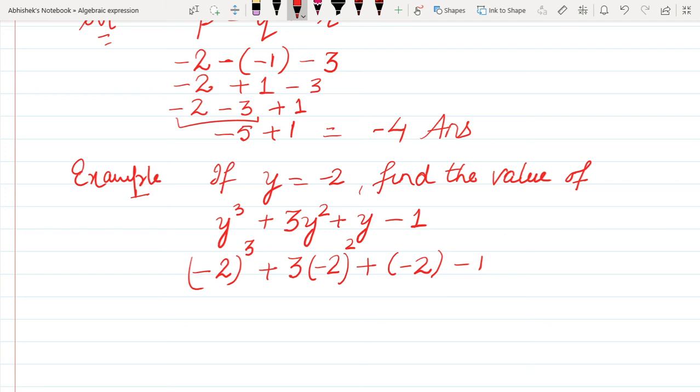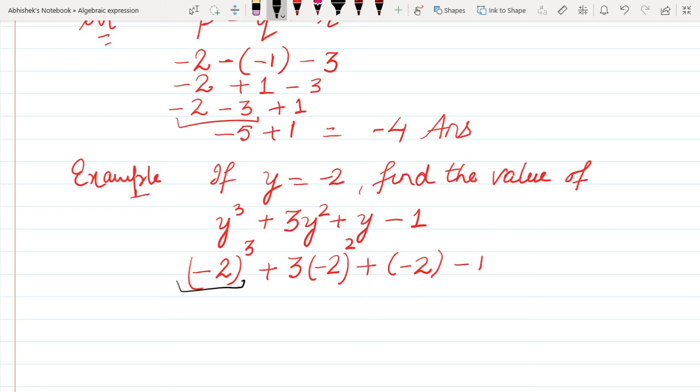Whenever I told you we have a negative sign with any number, we'll always keep it in brackets. So first is minus. Now what we want to do is find out the value of minus 2 raised to power 3.